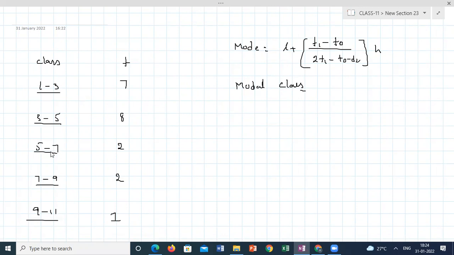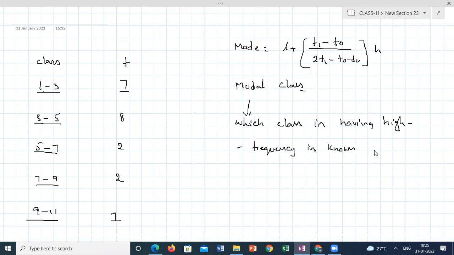You are dividing the data into different classes: between 1 to 3, 7 times. Which class is having high frequency? That is known as the modal class.